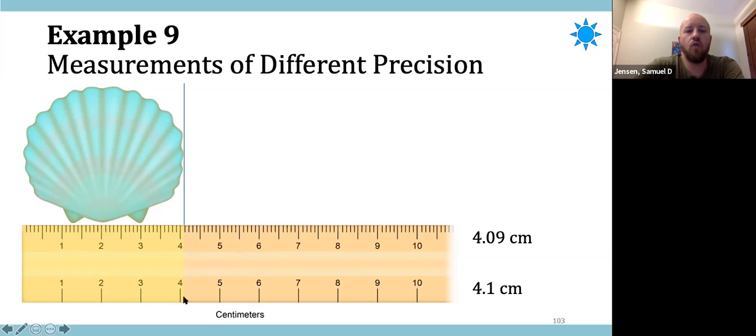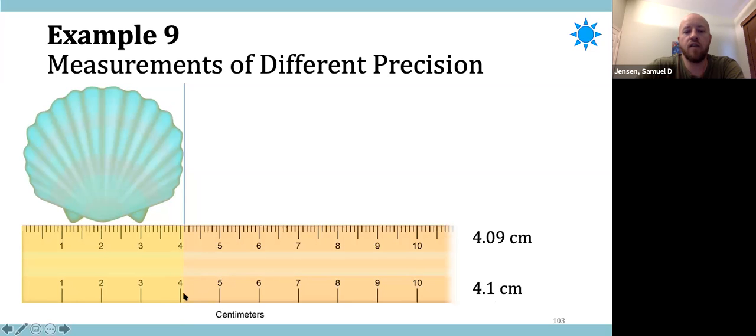So the rule for measurements is this. You can read 1 decimal place more than what the graduations are. What are the graduations? You can read 1 decimal place more accurate than what is marked on the glass. By this, I mean, if it is measured in the ones place, we can read the first decimal place.